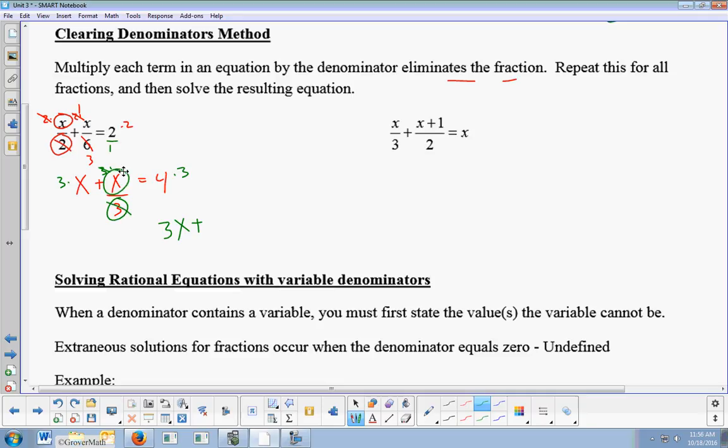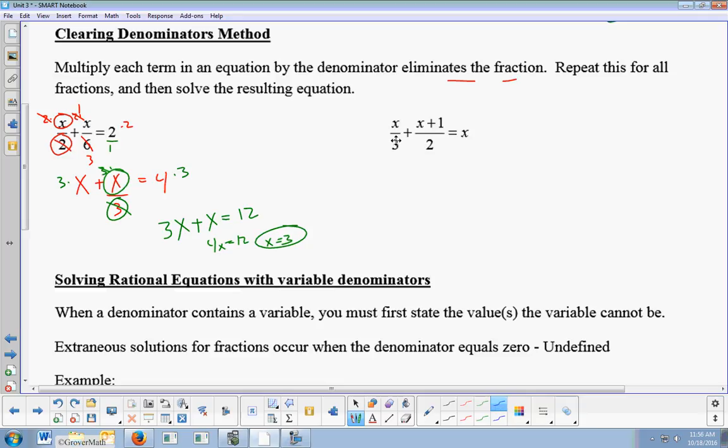I'm left with just what was the numerator, x, and then I have 4 times 3, 12. By clearing the denominators one at a time, what this does is it results in an equation with no fractions, and now I just solve it with normal methods: 3x plus x, 4x equals 12, x equals 3. And I could plug that in to verify that it works, but you could just take my word for it right now to save some time.